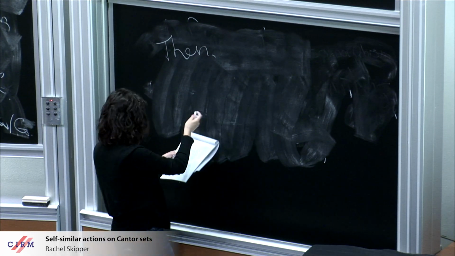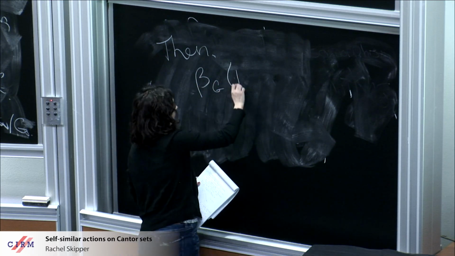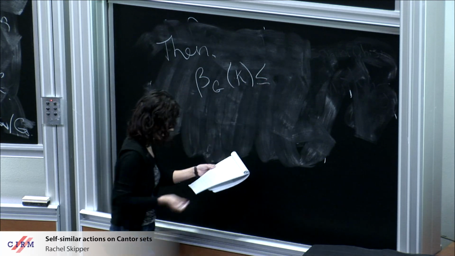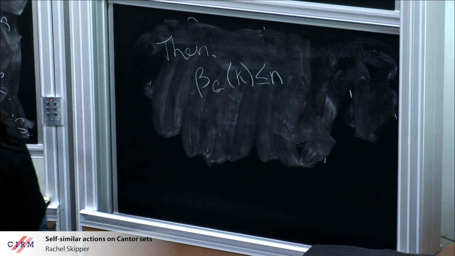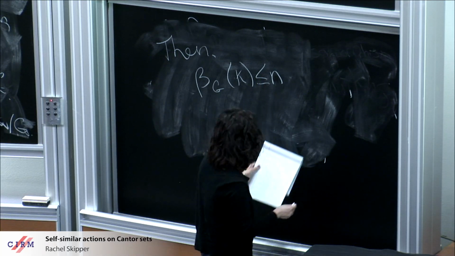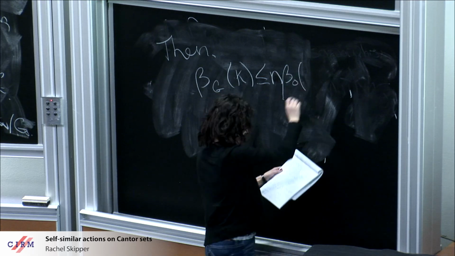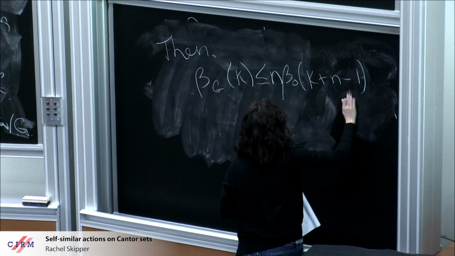If you apply some counting arguments, you get that β_G(k) is going to be less than or equal to n, n being the index here, times β_0(k) plus n minus 1.